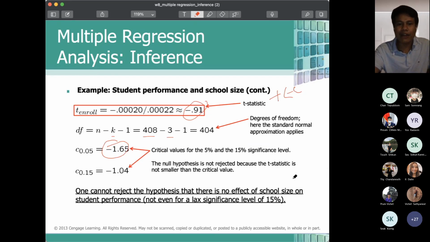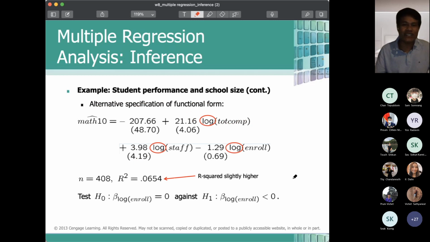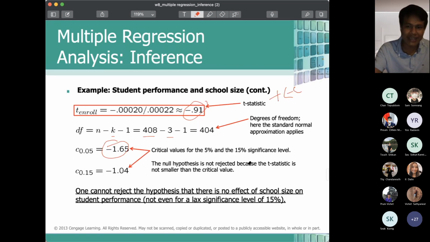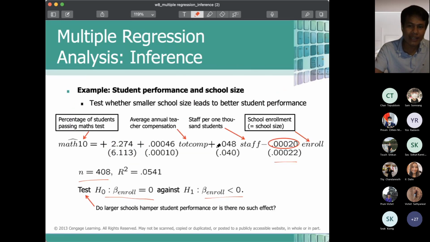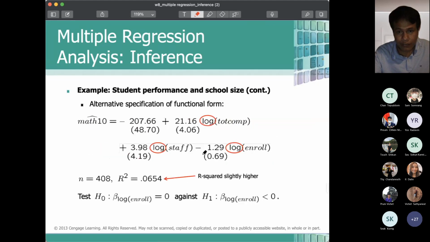Now, let's have a look at another example. What if we change the functional form? Earlier we used the original form, non-natural logarithm, but now we transform the variable to natural logarithm.